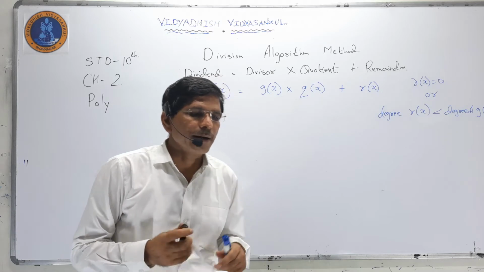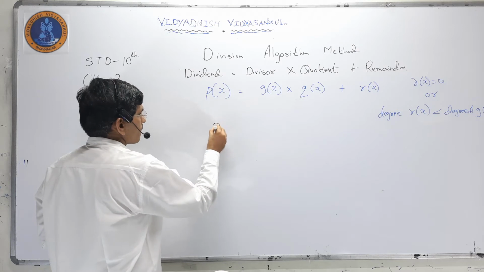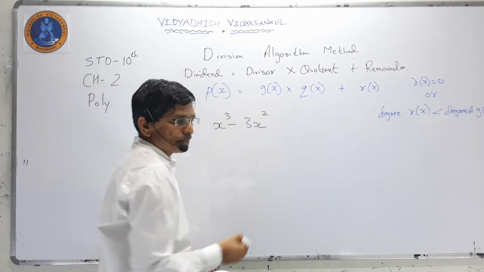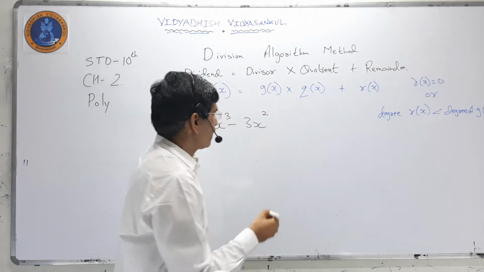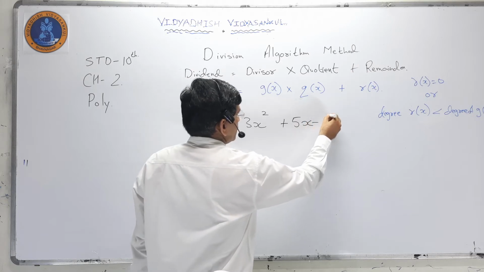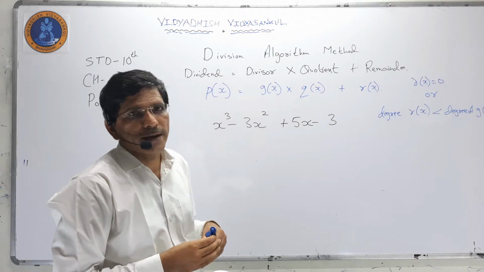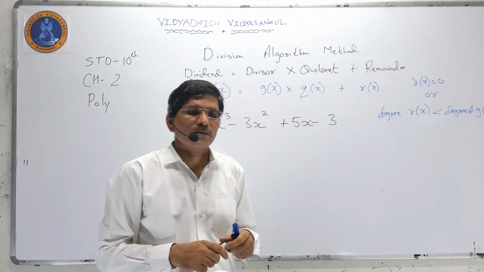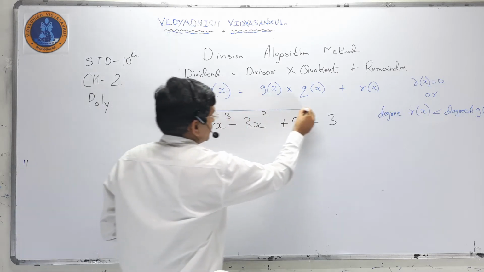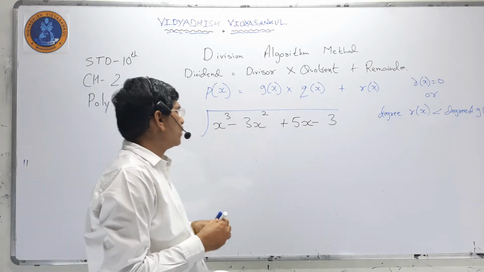The question is x cube minus 3x square plus 5x minus 3 divided by x square minus 2.